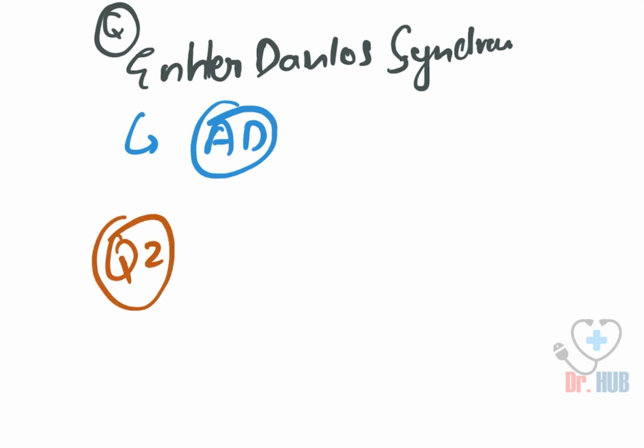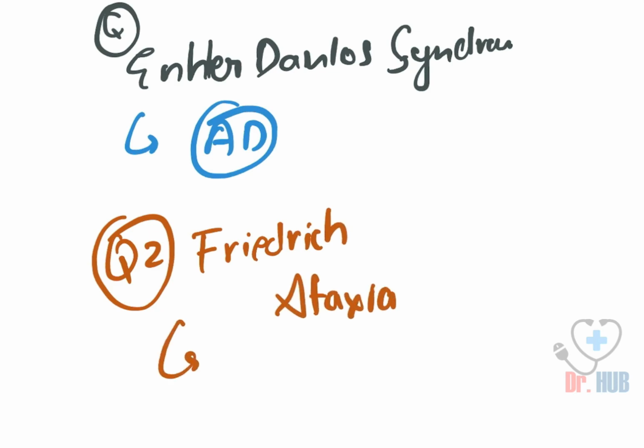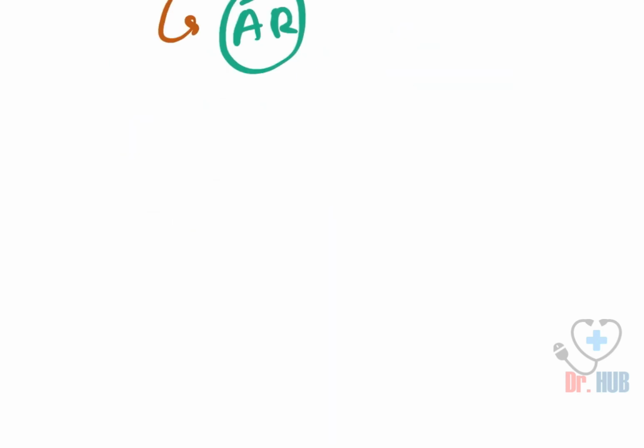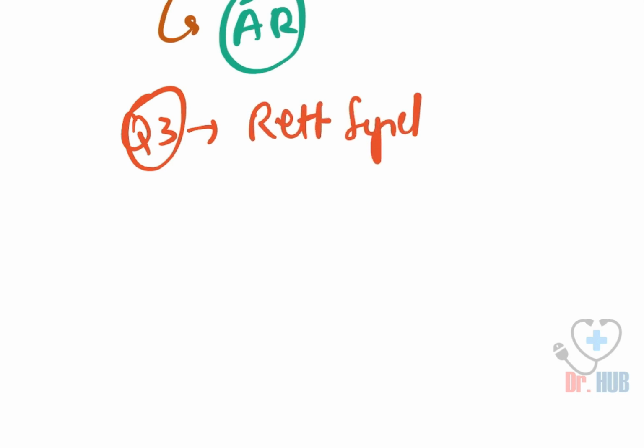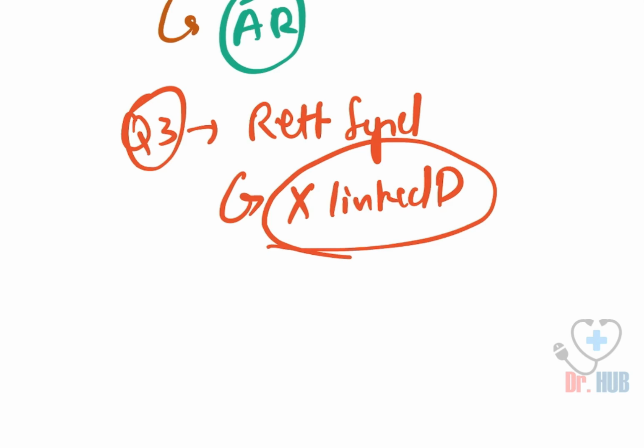Question 2 we asked was about Friedreich ataxia. What type of inheritance pattern? So the inheritance pattern here is autosomal recessive. The third question we asked was about Rett syndrome. What type of inheritance does it have? So it is X-linked dominant.